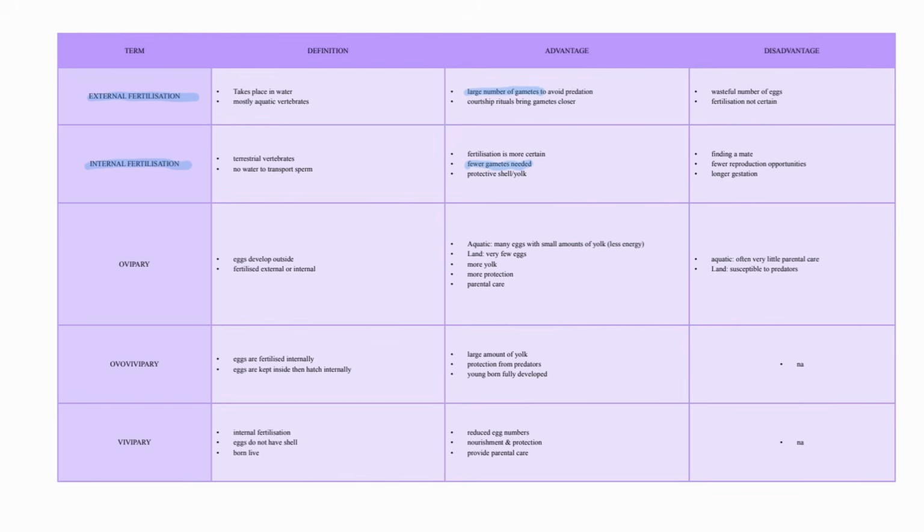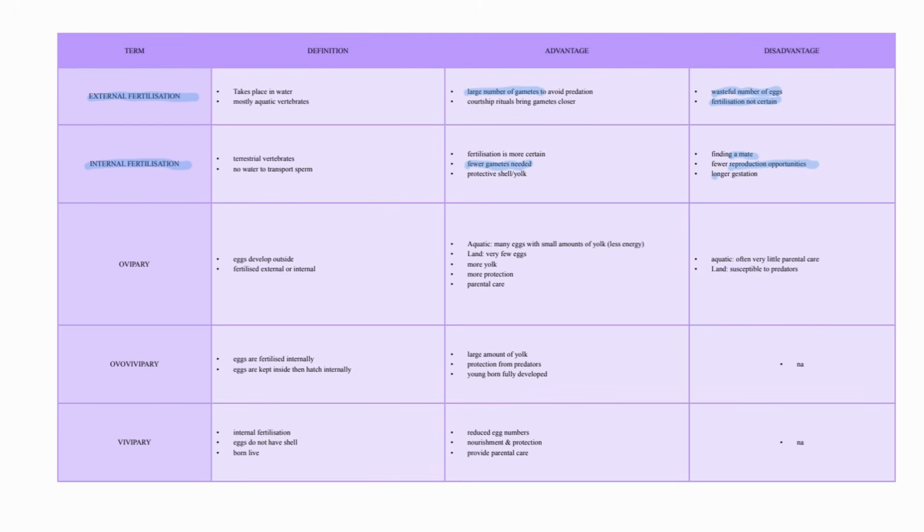But we also need to look at the disadvantages. So if you have a lot of offspring, generally it is a waste in terms of how many eggs you make. And the other disadvantage is external fertilization is not certain. However, internal fertilization also has disadvantages. Even though it ensures that the egg and the sperm cell are close to one another, it's difficult to find a mate. You definitely have mating seasons, so you have fewer reproduction opportunities.